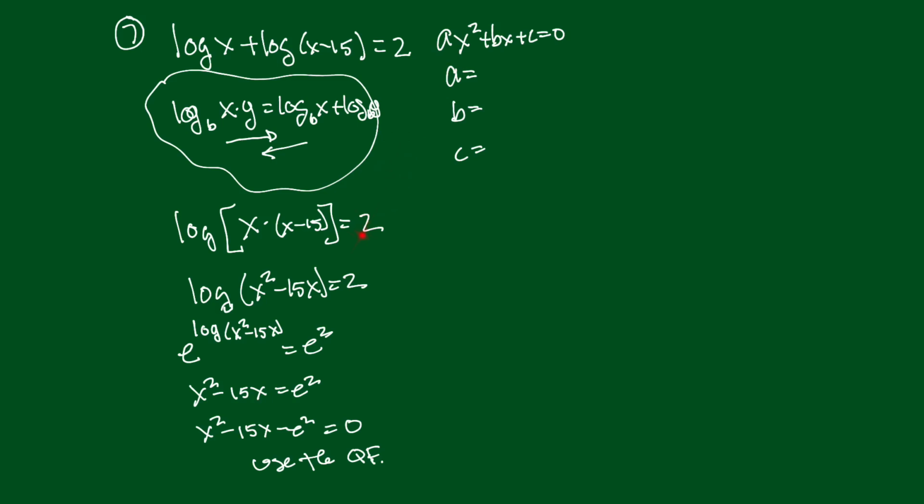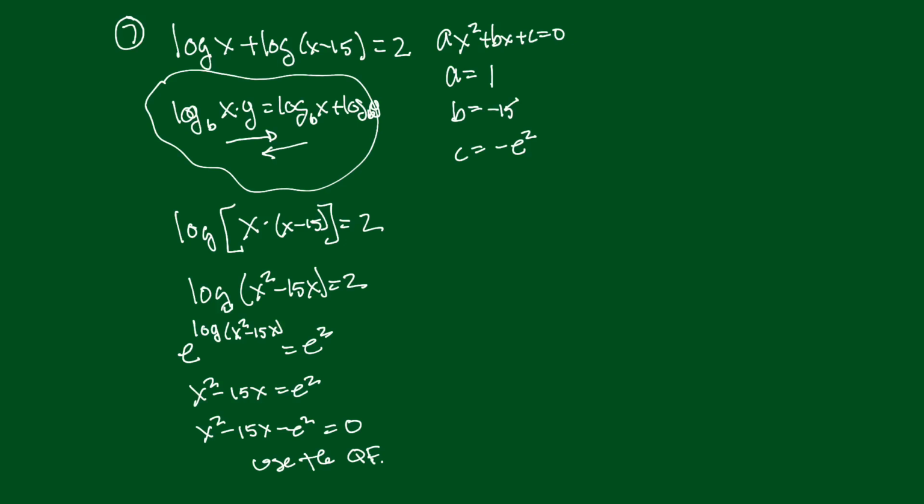Down here, our coefficient is just 1. So a is 1. b is the coefficient of the linear term. Down here, our linear term is negative 15. And c is just a constant. So c, looking at the constant down here, is negative e squared.